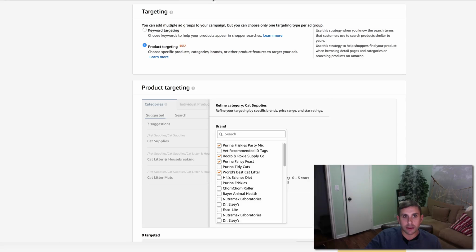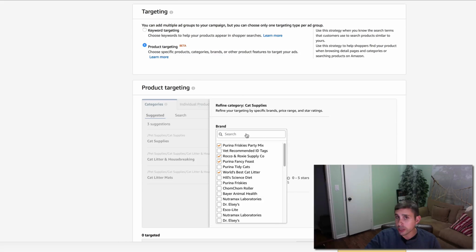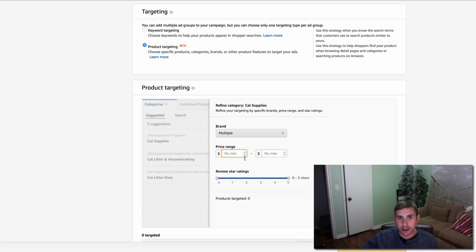So this means if a shopper is looking at, let's say, litter mat, and now they're refining their search, your ad can show up on those refined searches, so on this display page. So basically, you can break it down by the brand you want to target, which kind of limits you, because keep in mind, these are for people who are shopping the category and then refining that category search by the brand. Also, the price range.